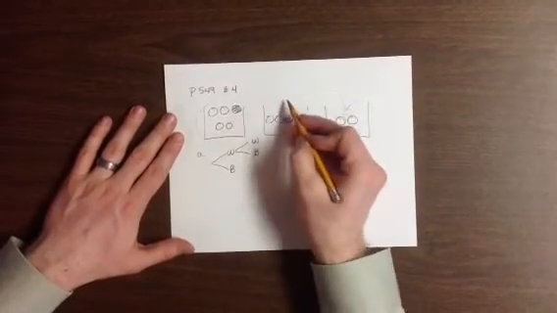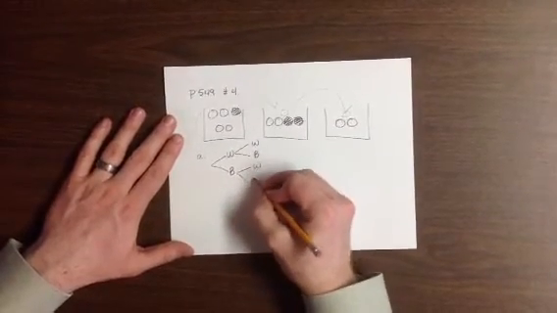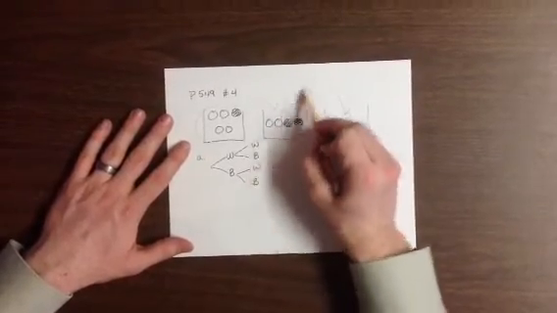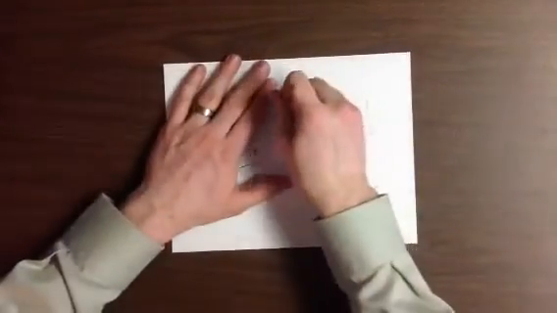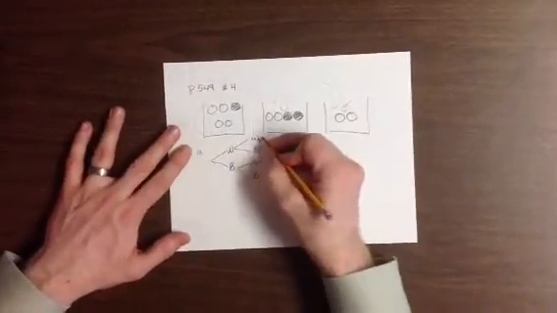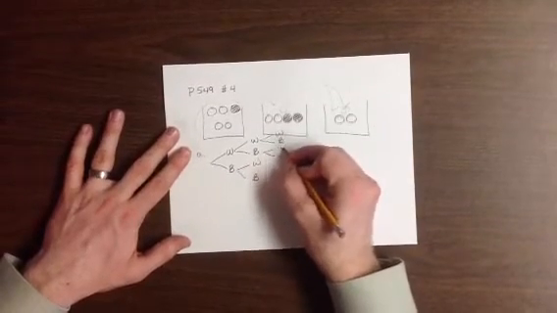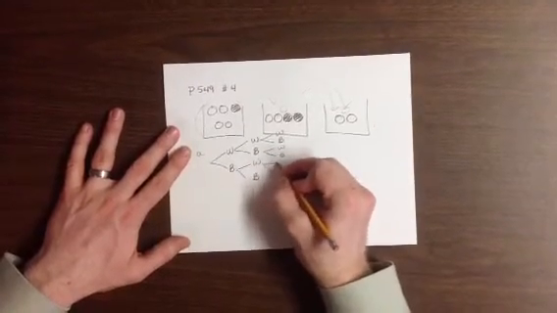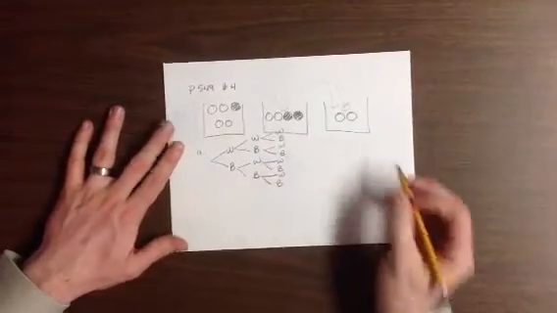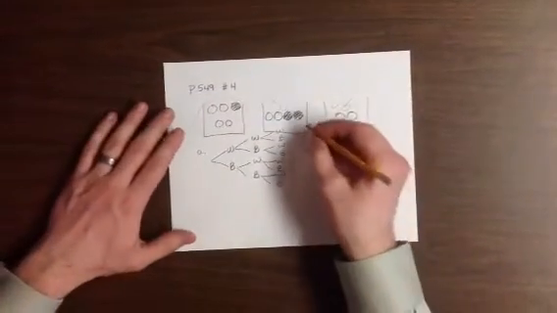And if I pulled a black, and then I put a black in here, I could either pull a black or a white ball as well. Then finally, once I take that ball and put it in here, I still run the chance of grabbing a black or a white ball in the final stage. So this tree diagram illustrates all the different possible outcomes that can happen within this experiment.